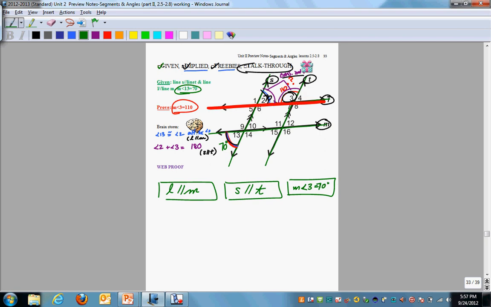Let's see what we can do here with this. We're just going to start with the parallel lines. How do we know both of these? It is given.